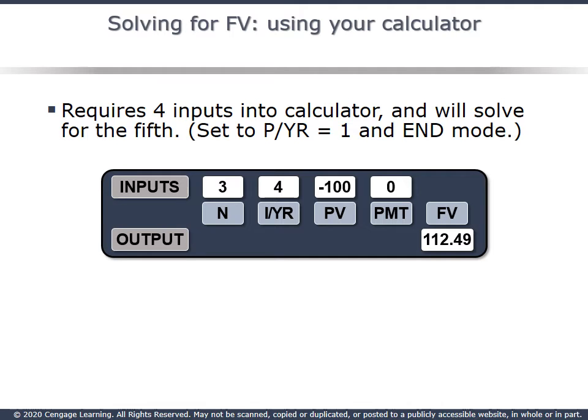Personally, I like to let my present values have the negative sign. So if we've taken this $100, invested it for 3 years at 4%, after year 3 is over, our $100 will have grown to become $112.49.